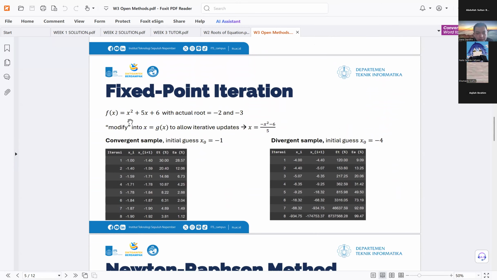Now for this one, y equals x squared plus 5x plus 6, and we modify the formula into x equal to another formula.